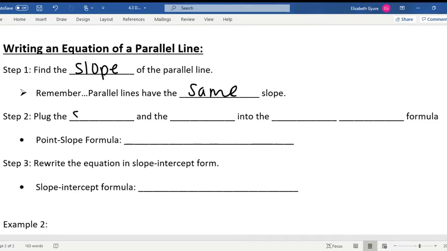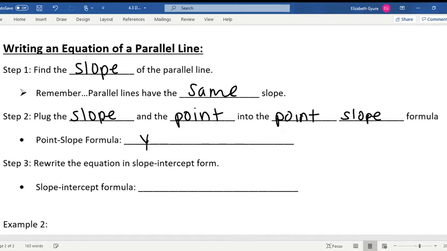Then you're going to plug the slope and the point I give you into the point slope formula. We did that last Thursday and Friday.